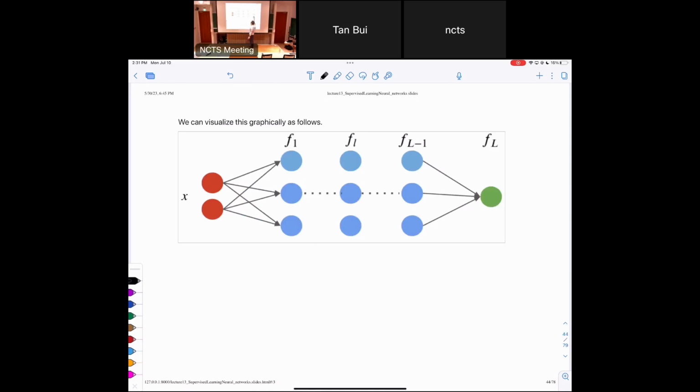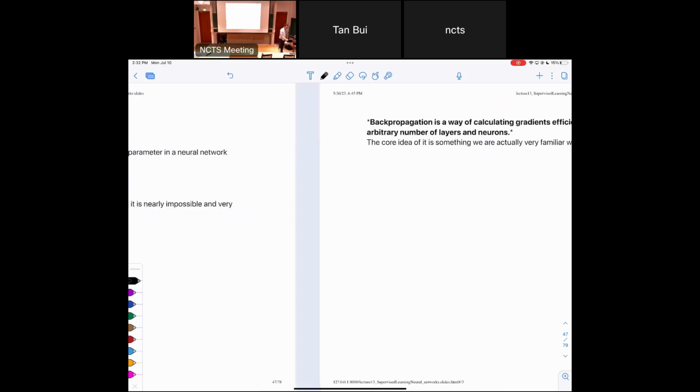I simply go by the chain rule. If I want to go back here, I take the derivative with respect to the output of this, and then the derivative of the output of this in terms of the output of this, and so on and so forth. Just the chain rule on the way. So here.